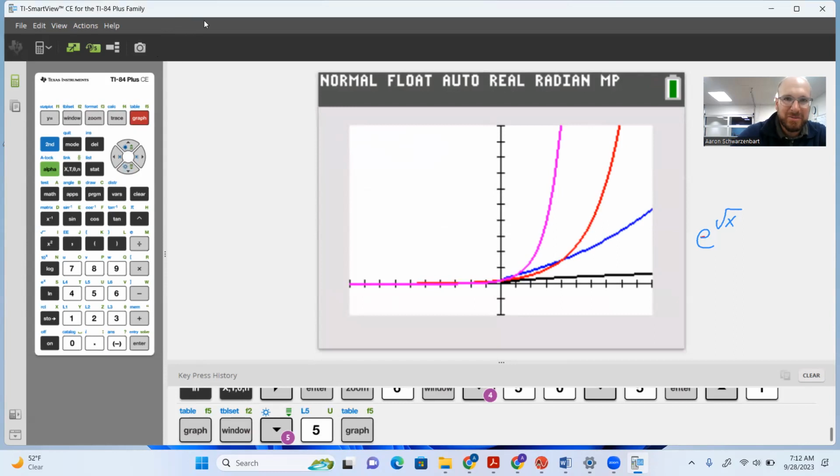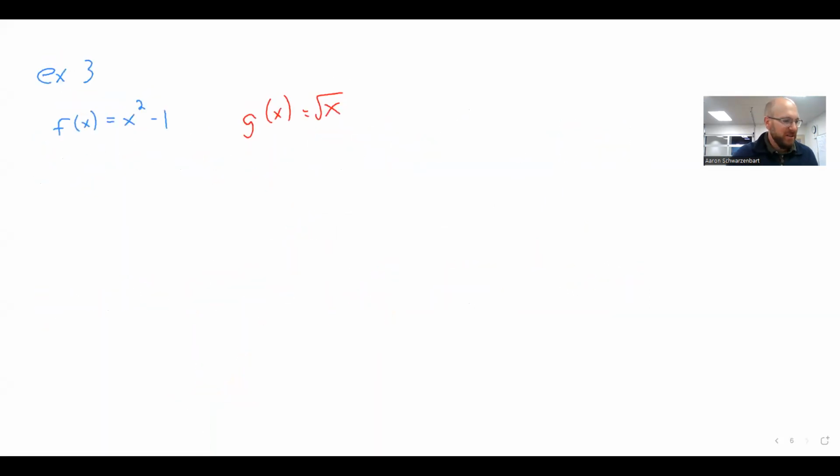Last thing we're going to talk about is finding a little bit more complicated domains and ranges of function compositions. So for that, we're going to use example 3. And we're going to do f of g of x and g of f of x.